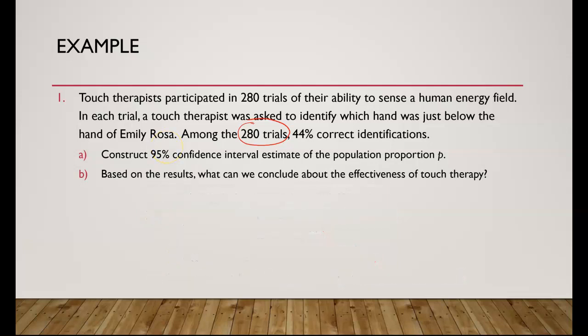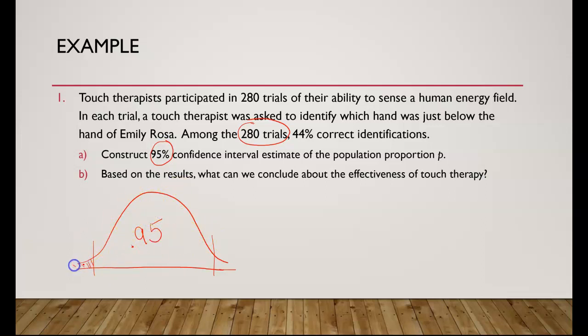The next step is to find z of alpha over 2. To find the critical value, we will use the confidence level of 95%. Because it's a normal distribution, we will draw a diagram. 95% or 0.95 area will be right here in the middle.